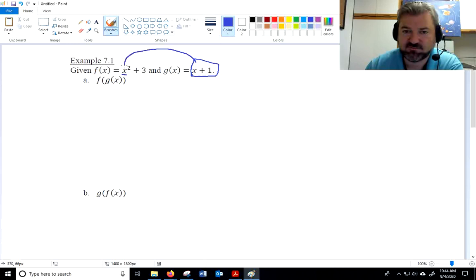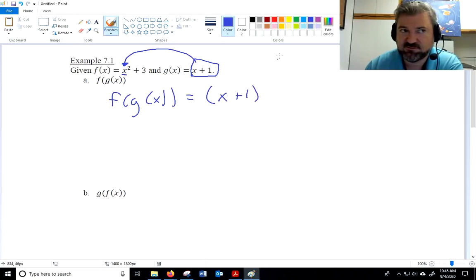And I'll need parentheses. So f of g of x is equal to (x plus 1) squared plus 3x. And then we could work to simplify this a little bit, but we'll leave that for another day. Let's go to g of f of x.